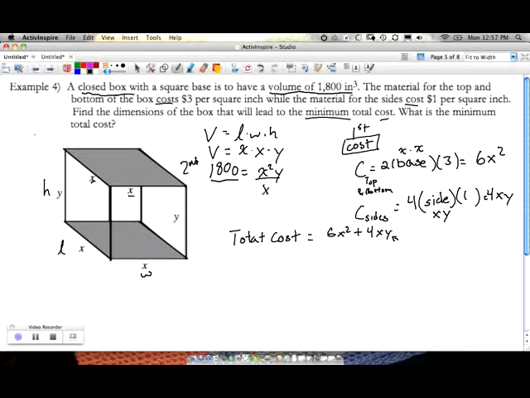We know that if we solve this other equation by dividing by x squared on both sides, we'd get y equals 1800 over x squared. So I'm going to take that and plug it in over here for y.